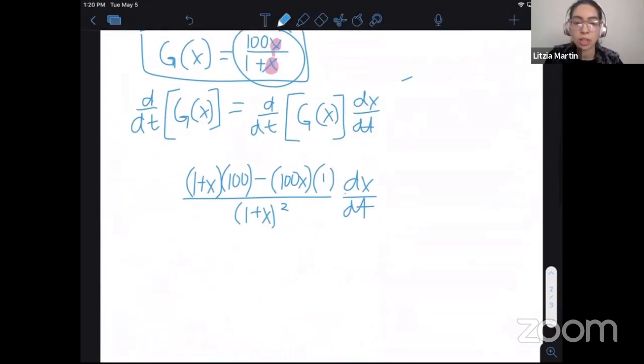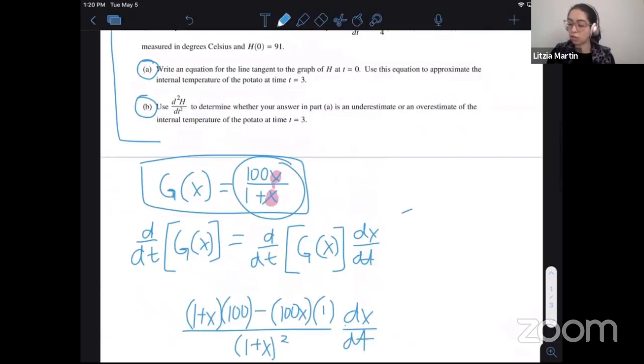Sydney, I see your question. Can you explain taking the derivative with respect to time? Sure. So when we started talking about functions, a function has the input and the output. So maybe you have a function, let's take this function here, for example, g of x.